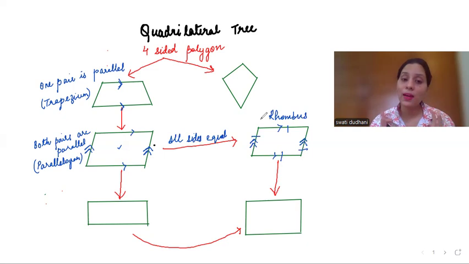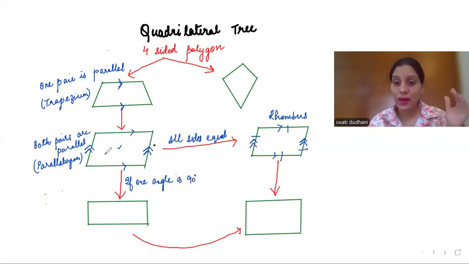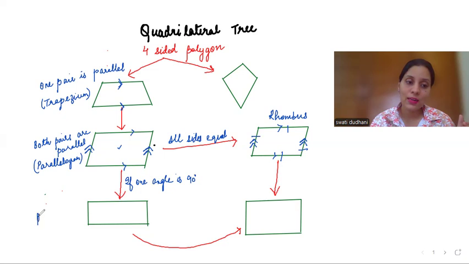Similarly, taking the parallelogram again, if I prove one angle is 90 degrees, then this parallelogram becomes a rectangle. A rectangle is a parallelogram with all the angles 90 degrees.